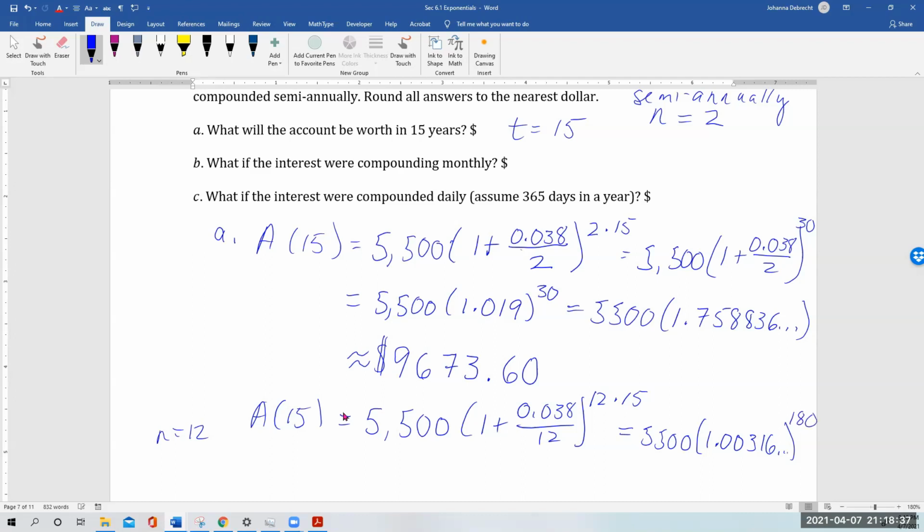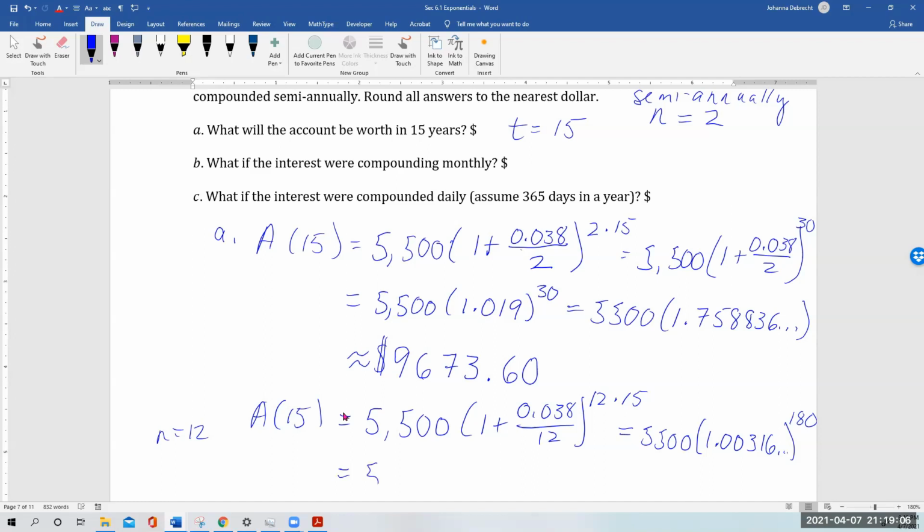So now we're going to take this 180 as the power, but we need to start with our 1.003166666666. If you forgot to store it and recall it, you'll have to start over again at the 0.038 divided by 12, then add your 1, and then hit the power key and enter 180, and then hit the equals key.